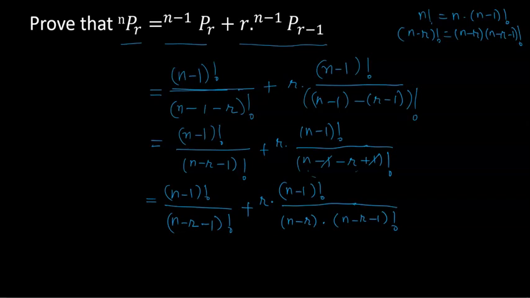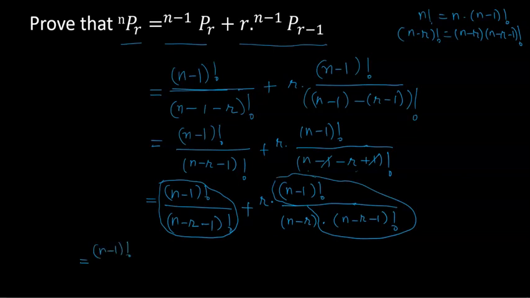So now I can see what I can take common out simply. This whole term is absolutely the same as this much, so I'm going to take it common out. Now I'm left with n minus 1 factorial divided by n minus r minus 1 factorial, and within the bracket, I'm left with 1 plus r upon n minus r.